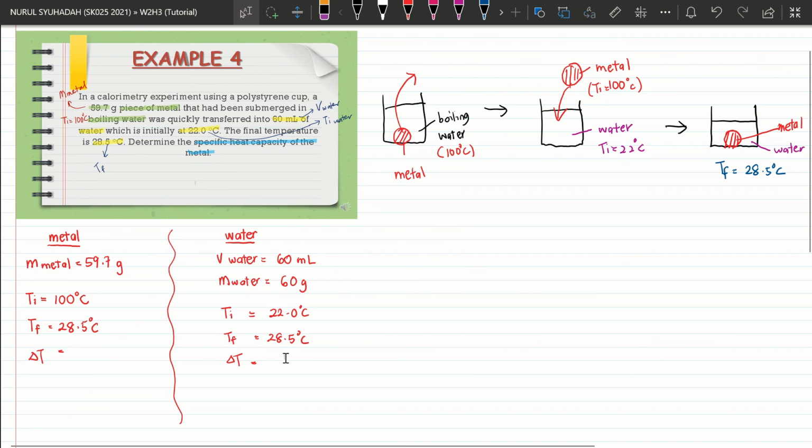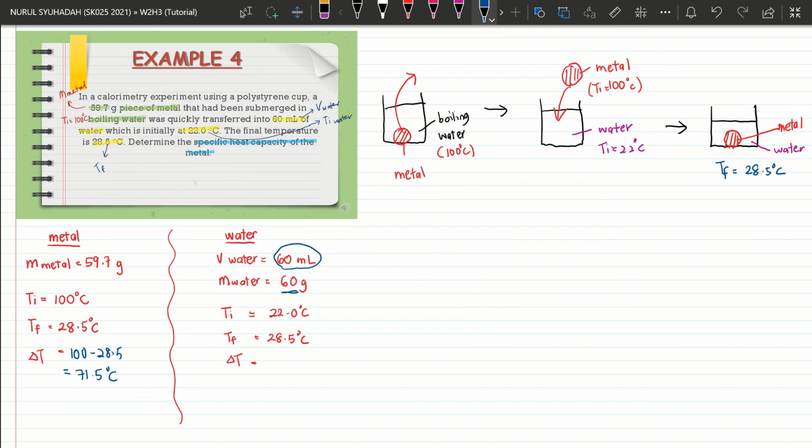Now, let's find the delta T first. For the metal, 100 minus 28.5, so the delta T will be 71.5 degrees Celsius. And for the water, I put 60 gram because given to you is 60 ml.